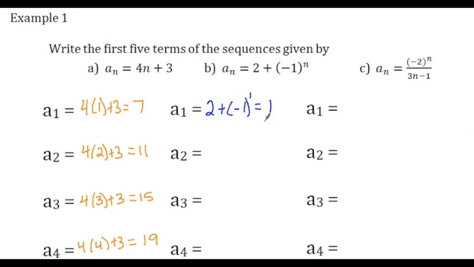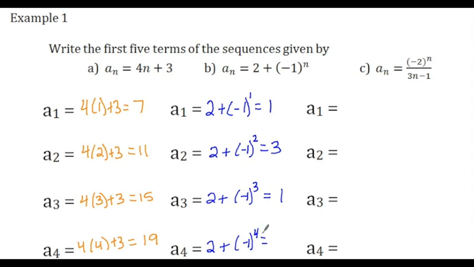Plus 2 is 1. 2 plus a negative 1 squared. A negative 1 squared would be a positive 1. Plus 2 is 3. 2 plus negative 1 to the third power would be a negative 1 plus 2 goes back to 1. And 2 plus negative 1 to the fourth power would give us a positive 1 plus 2, of course, is 3.